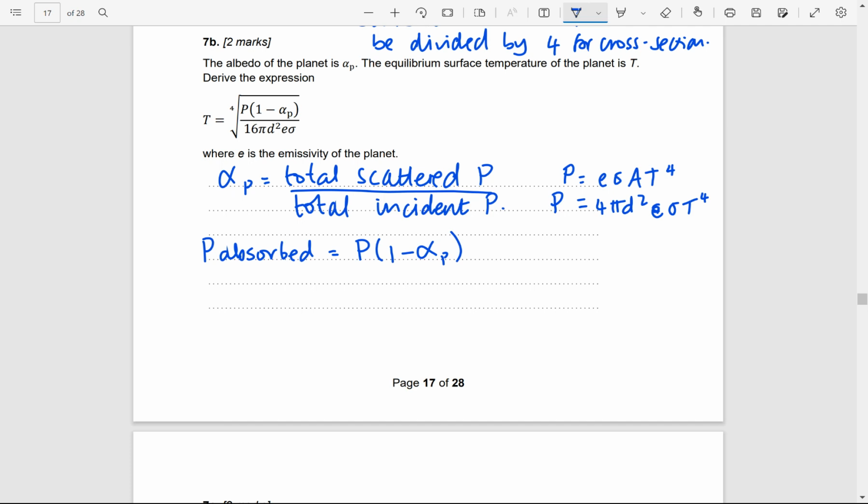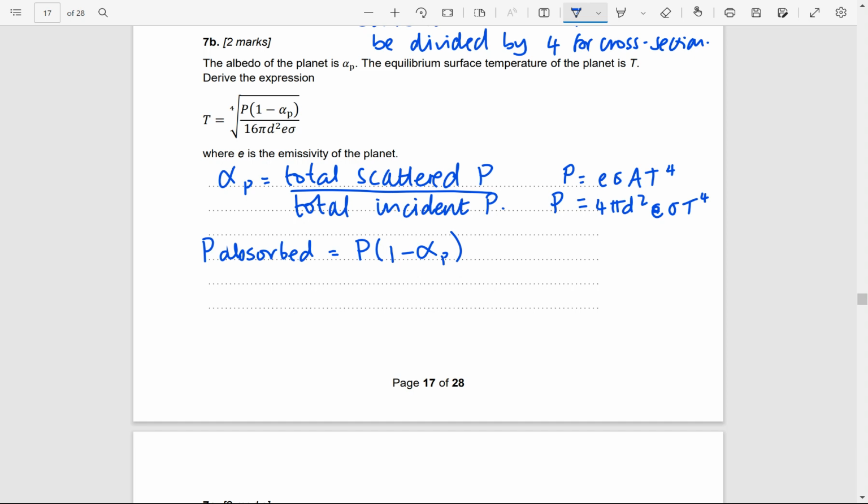That means 10% of the total amount that's incident is going to be scattered. So 100% minus 10%, or 1 minus 0.1, so 0.9, is the amount absorbed. That's where that's come from.